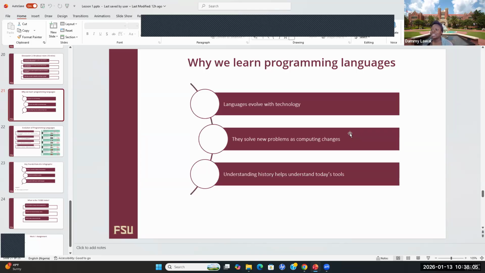And understanding history helps us to understand today's tools. Oh, it was built on Fortran, and now with C++, this application is doing super well. We will go through that in our next slides.